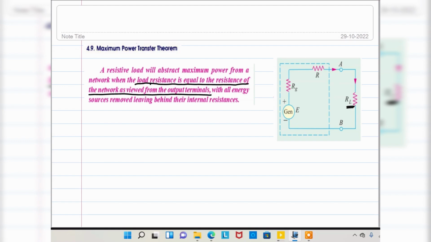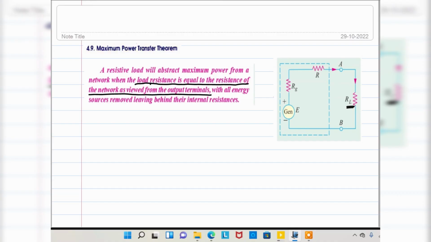So with the help of an example, I will explain the maximum power transfer theorem. First I will give the derivation, proving that load resistance is equal to source resistance. After the five-minute derivation is completed, we will look at one example problem.